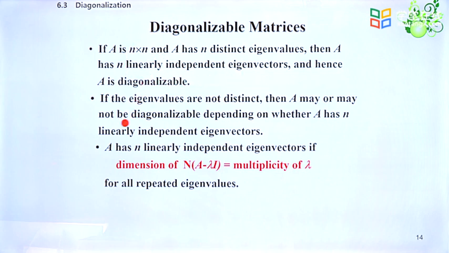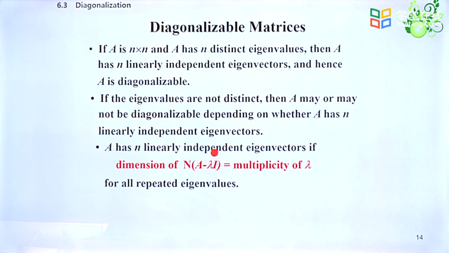And if the eigenvalues are not distinct, then A may or may not be diagonalizable, depending on whether A has n linearly independent eigenvectors. So essentially, we should check whether A has n linearly independent eigenvectors.